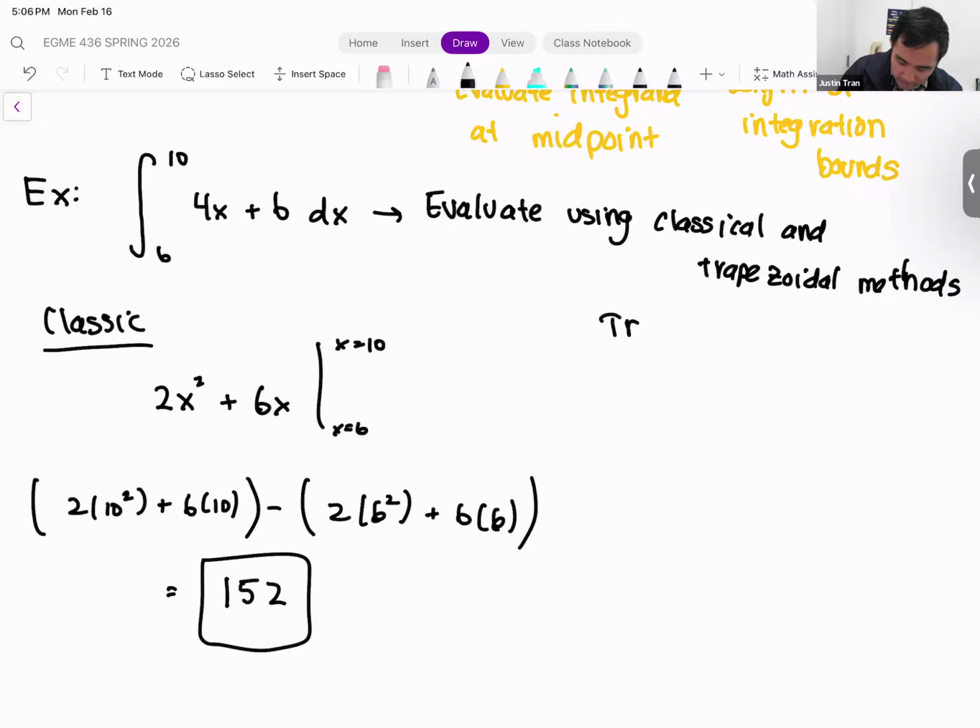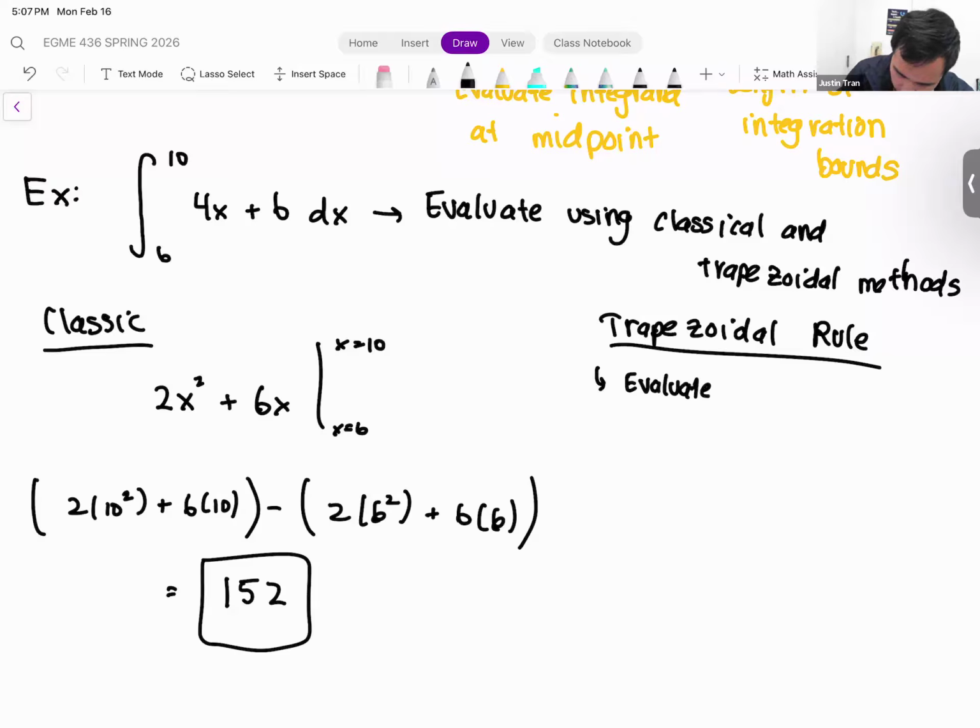Okay, so let's see if we get the exact same thing using the trapezoidal method. The trapezoidal rule says that we don't have to evaluate any antiderivatives. We can just take the integrand exactly as it is, and we evaluate that integrand at the midpoint between our two integration bounds.